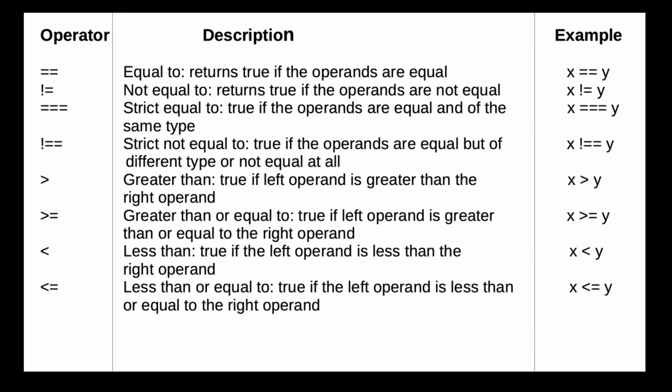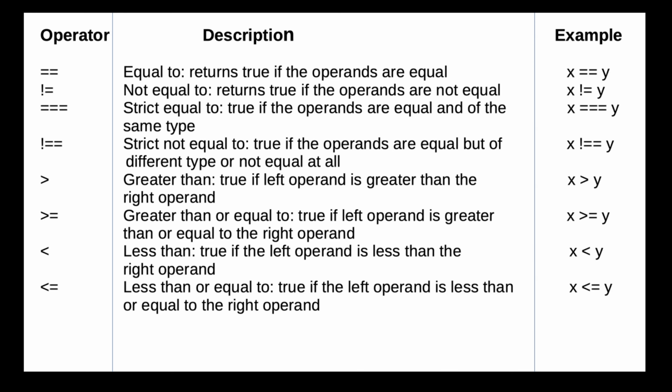And next is greater than. It returns true if the left operand is greater than the right operand. Next is greater than or equal to. It returns true if the left operand is greater than or equal to the right operand. Next is less than. It returns true if the left operand is less than the right operand.